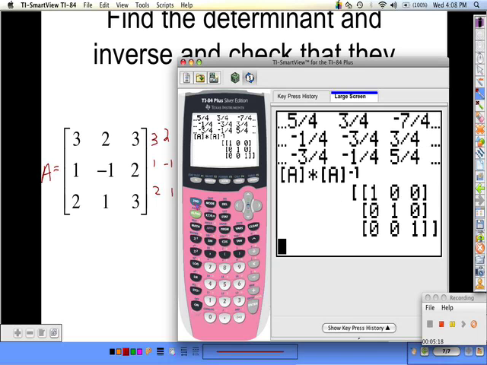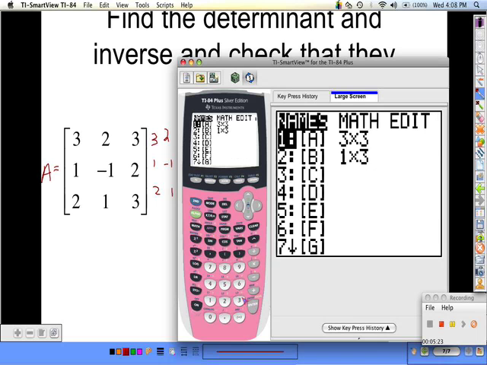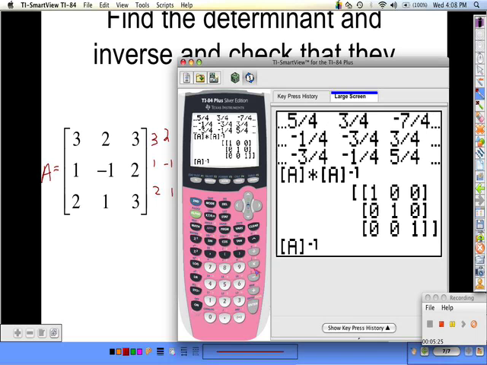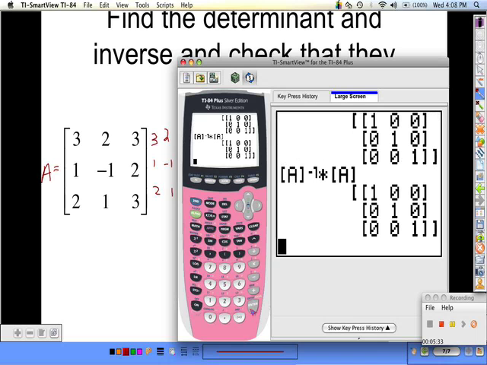Now I also have to check it the other way. So I'm going to start by putting in A inverse times A, and I get the identity this direction. Also remember, matrix multiplication is not commutative. You have to check this going both directions. That's what it means to check that they're inverses.